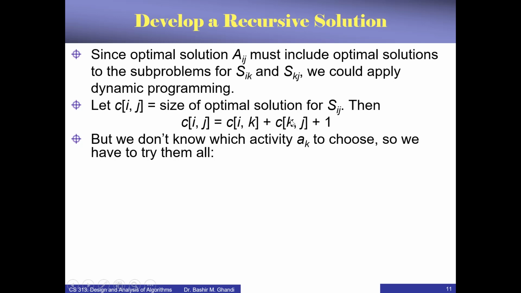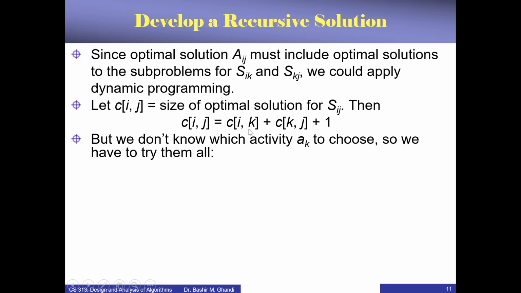Okay, we are just assuming that there is an element ak in the optimal solution of Aij, of the set Sij, which is the set Aij. Assuming there is such an element, then we can say that the number of elements will be equal to the number of elements in Sik, which is Cik, plus the number of elements in the optimal solution of Skj, which is Ckj plus 1.